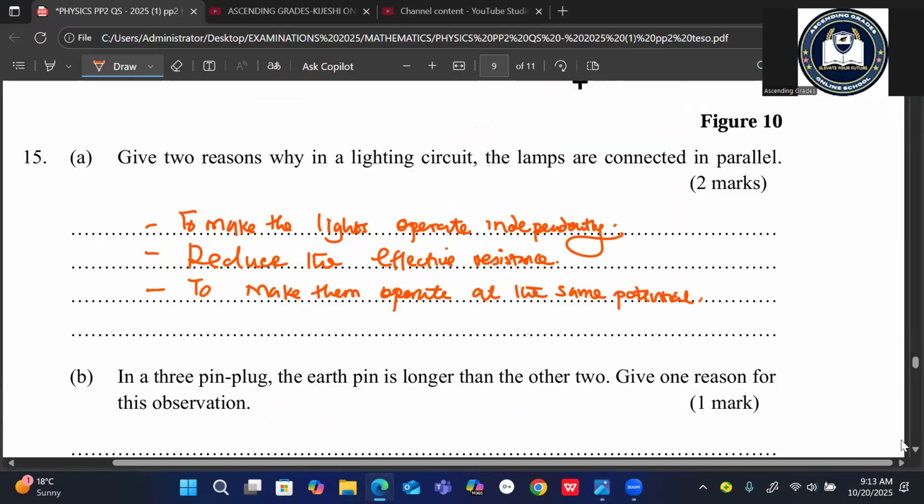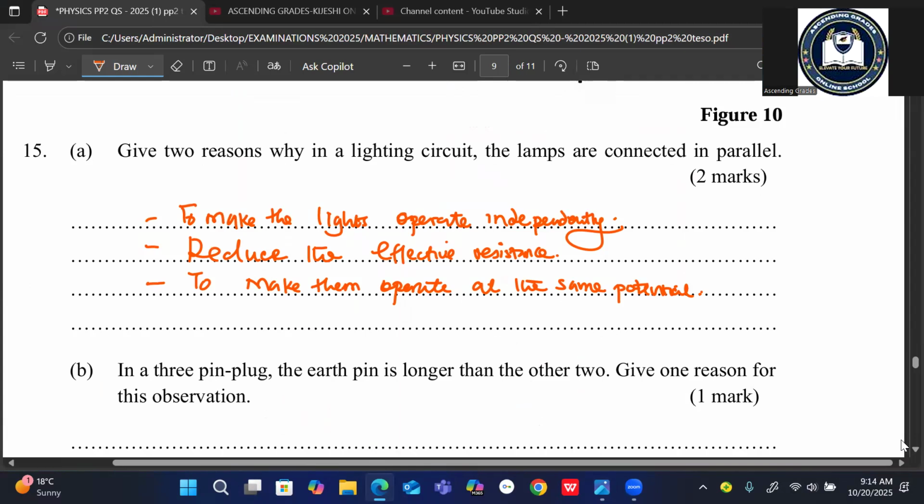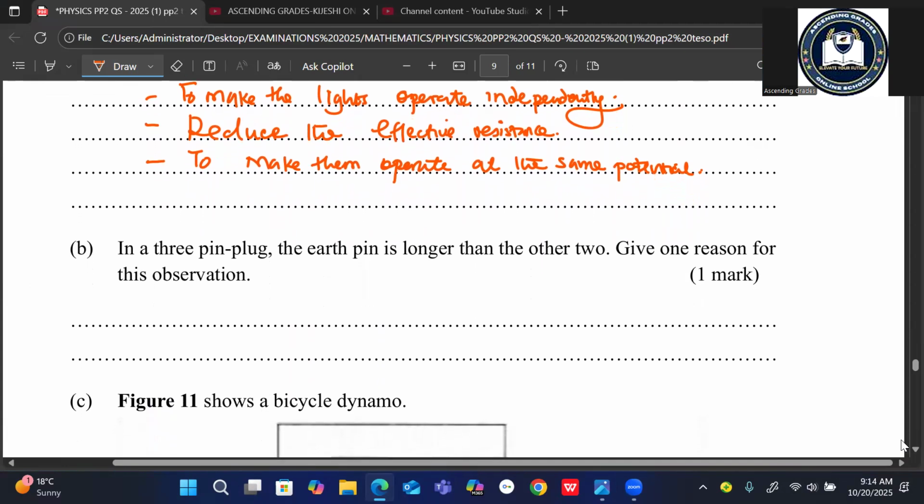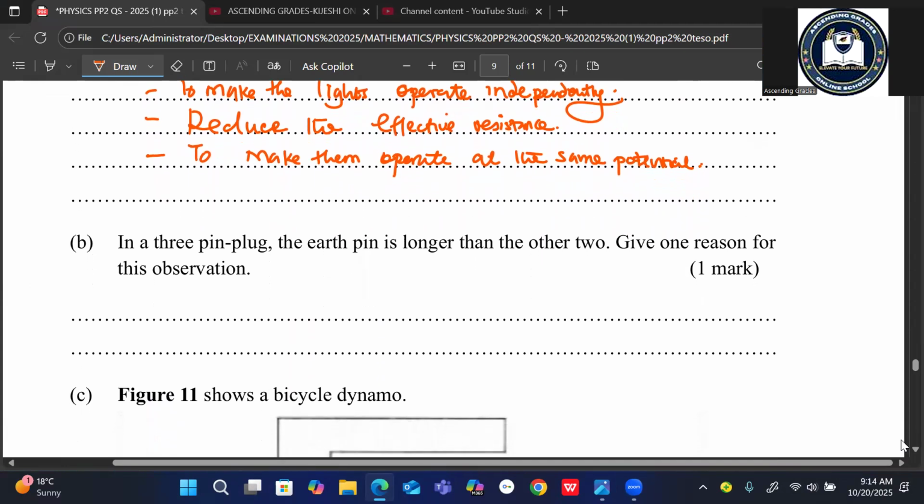We can now resume our part B. In a 3-pin plug, the earth pin is longer than the other two. Give a reason for this observation.